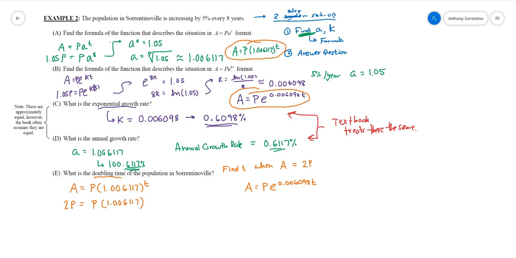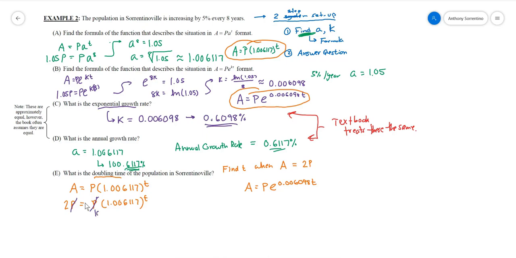Now a couple things happen here. The P's cancel out, because the first thing I would do is divide both sides by P. I can't turn an exponential equation into a logarithmic one if I have anything being multiplied to the base. And the reason I'm using P's is because I didn't define what the starting value was.